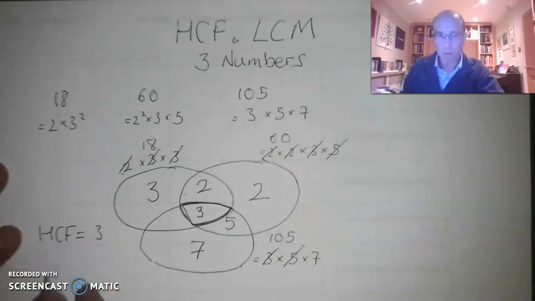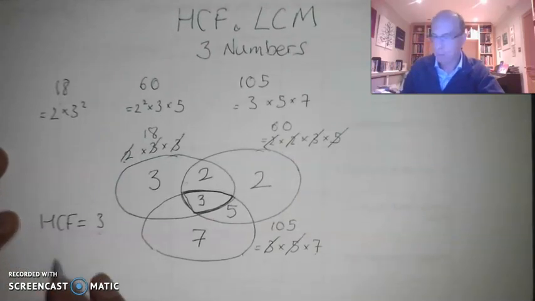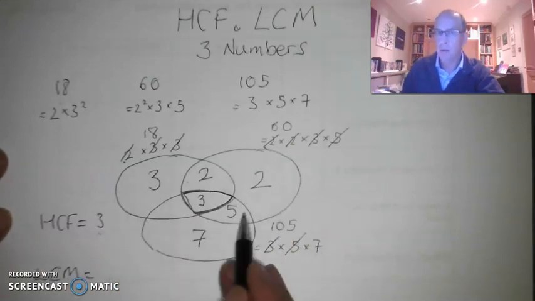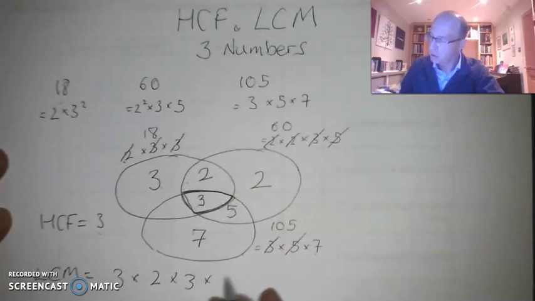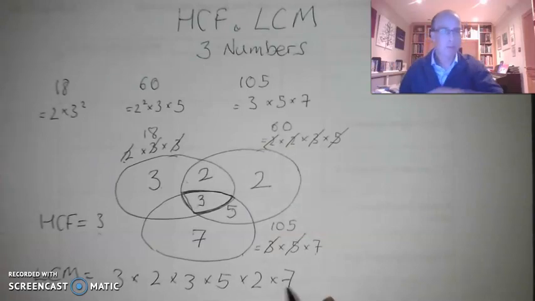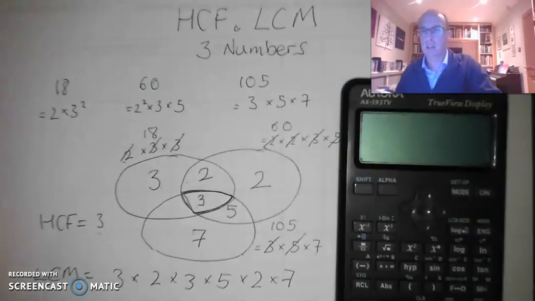My lowest common multiple, this one's a little bit harder work because I need to multiply all of the numbers within my Venn diagram. So I've got 3 times 2 times the 3 in the very centre times 5 times 2 times 7. This is definitely a job for the calculator.